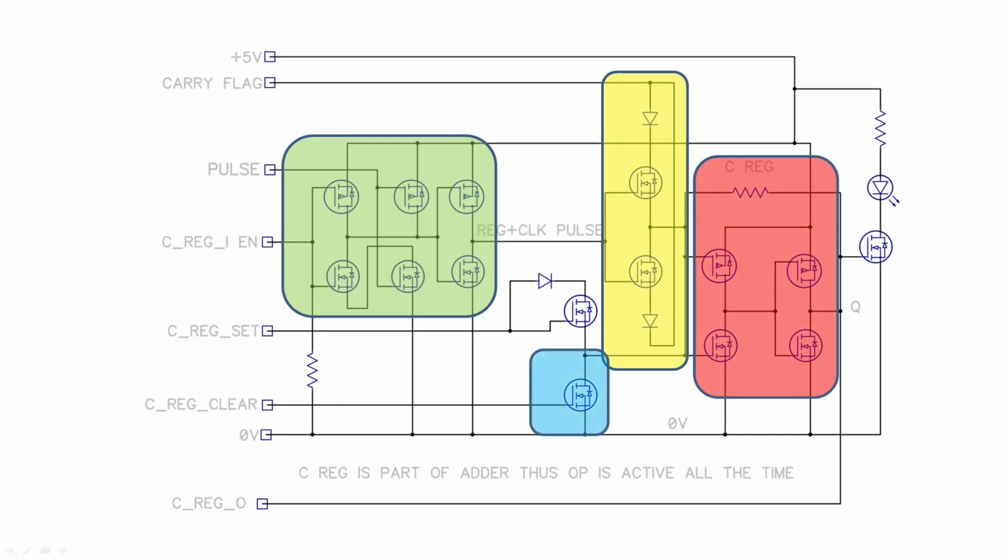And here we have the clear, which is just switches to 0 volts to pull your memory cell down to 0. And here we have a pull-up to force your memory cell to a 1. Now, you'd normally feed something like this off the 5 volts and use a P-channel MOSFET to switch it in, but then your C register set signal would have to be an inverted one.